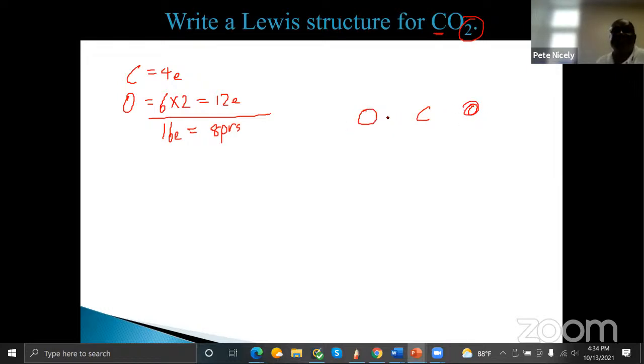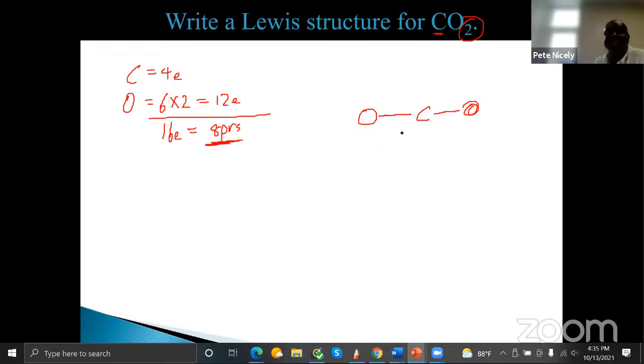And then I would put in the bonding pairs. Remember, we have 8 pairs of electrons to assign. The first pair I would put between this carbon and this oxygen. And then the next pair I would put between the same carbon and the other oxygen, all right? So we have used 2 of the 8 pairs, which means we have 6 pairs left. The question now becomes, where will those pairs end up?